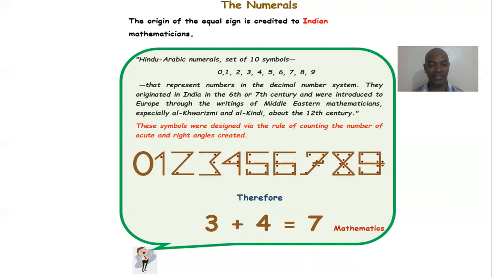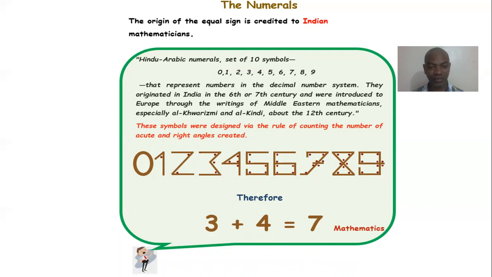Even the concept of 0 itself, and even having a symbol for it, originated in India and also, I think, with the Mayans. While in Europe 0 was not yet being used, it was being used in India and in the Mayan territory, that's in South America. These symbols were designed via the rule of counting the number of acute and right angles created.